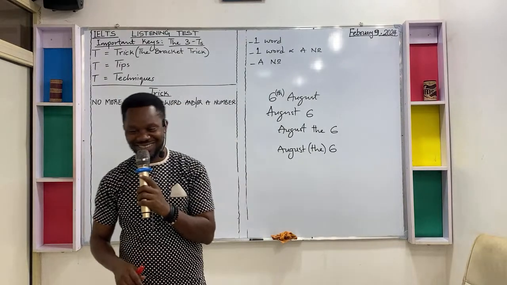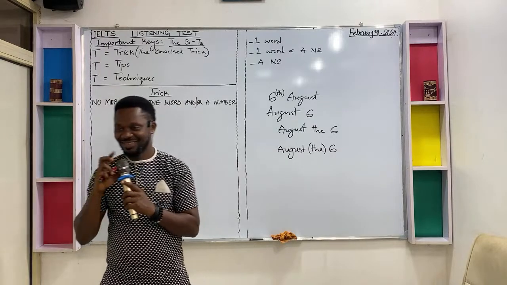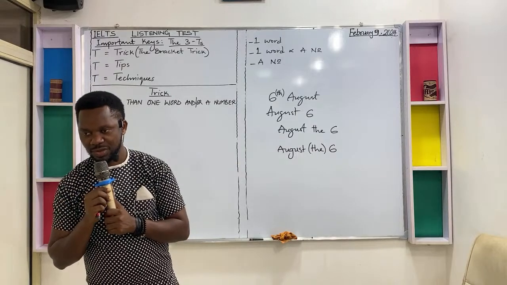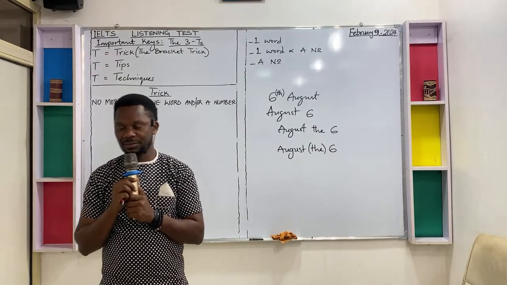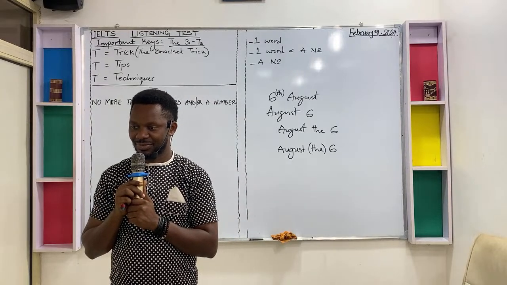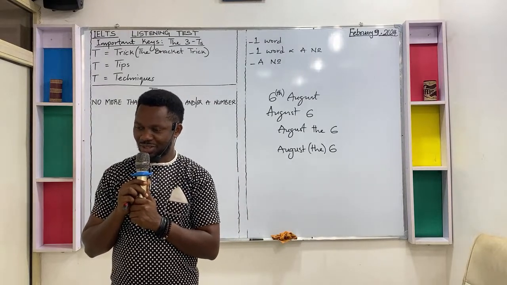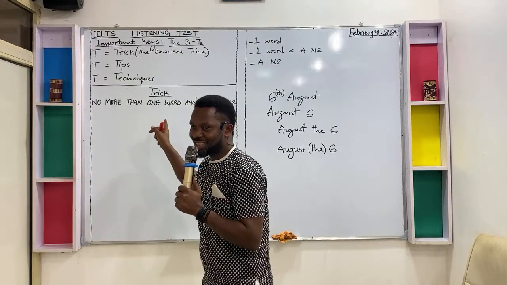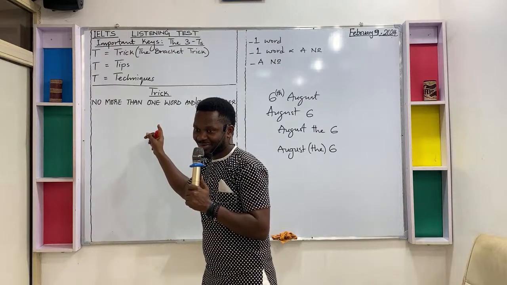So from the audio, the lady said I was born on August the 6th. It means the examiner wants you to correct it? No, the examiner does not want you to correct it. The examiner wants you to write the date considering the instruction.